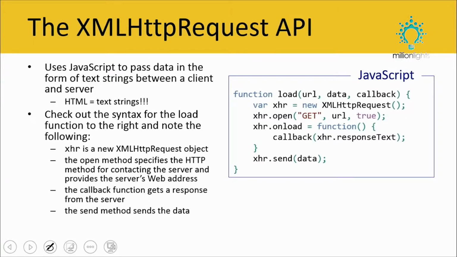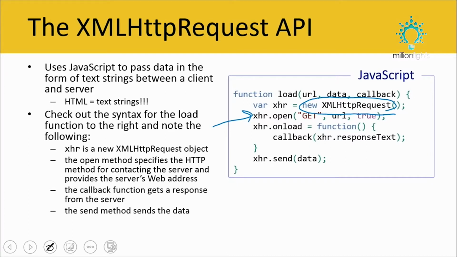We've got some basic syntax here for the load function to the right, and I want you guys to note the following here, right? So we go ahead and we create a new XMLHttpRequest object, stored in XHR, right, which is short for XMLHttpRequest. And then the open method here is going to specify the HTTP method for contacting the server, right?